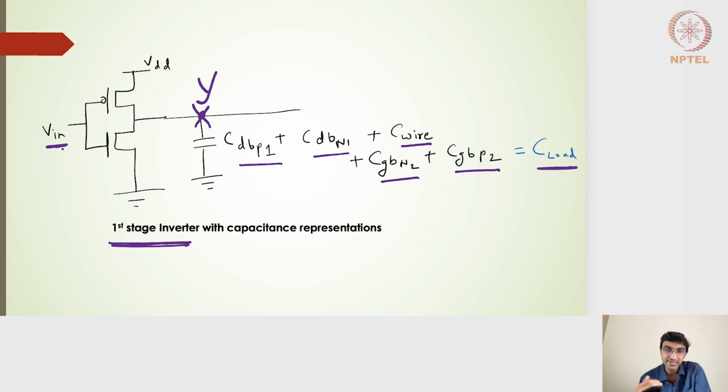For a transient or an AC analysis, even if it is connected to VDD, all the DC sources are considered to be at ground potential. So finally, even if the first stage inverter is cascaded to the next stage inverter, its output sees 5 capacitances altogether, including the wire capacitance. So what we have done is determined an equivalent capacitance called the C load capacitance.